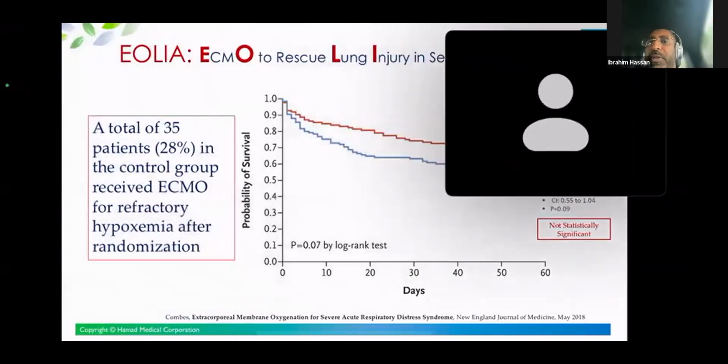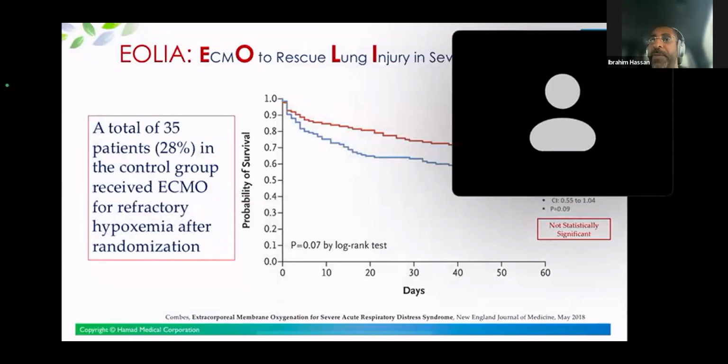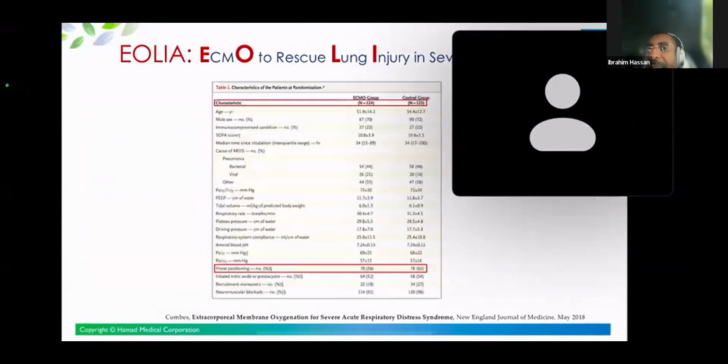And when you look more at the data, 28% of the patients in the control group, in the conventional group, did receive ECMO actually for refractory hypoxemia after randomization. So that's pretty much, I think, affected the result. And if you look at their data, the number of proning in the study was very high in both groups, which is great, but you cannot get this number in trauma patients.